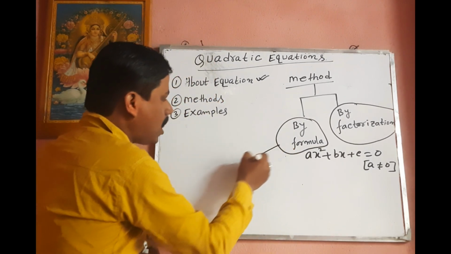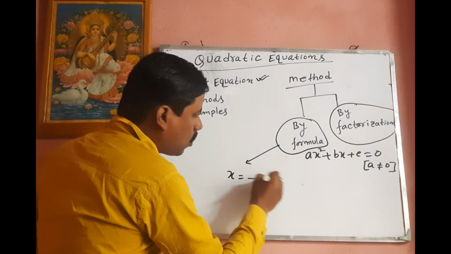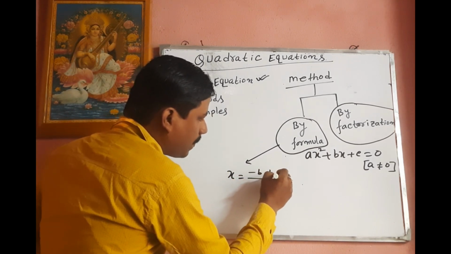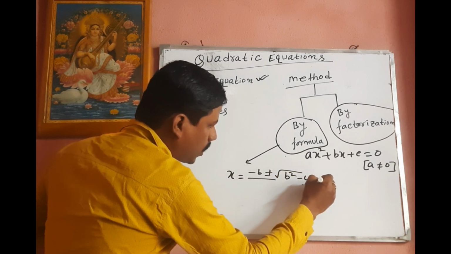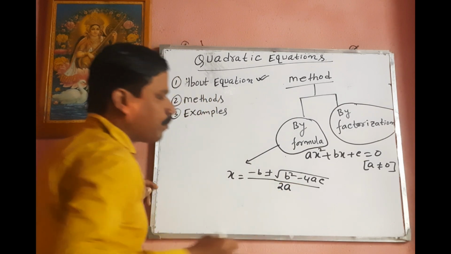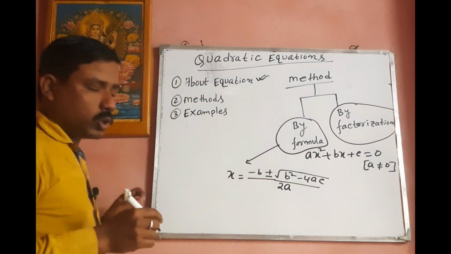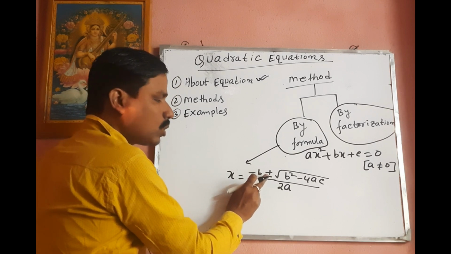What is the formula? The formula is x is equal to minus b plus minus root under b square minus 4ac, divided by twice of a. That is, there are 2 roots when we use plus and when we use minus.